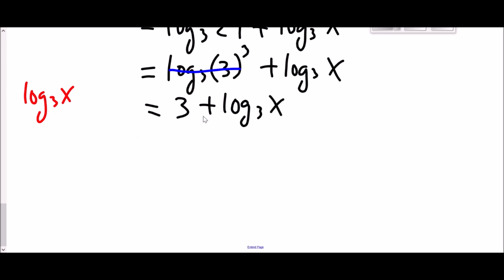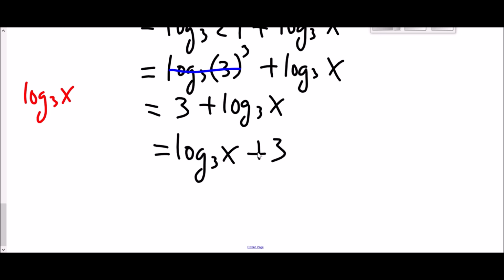If you look at this, you can see that 3 has been added, or if you find it confusing, put the 3 behind. So let's rewrite this. Log base 3 of x plus 3. Now what does that tell you? Plus 3. This is outside the function and comes after the function.